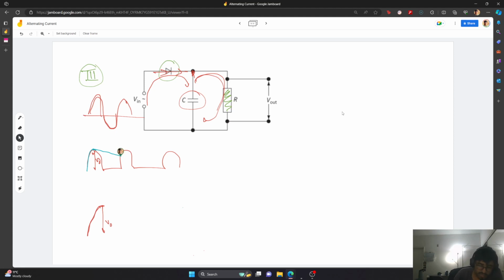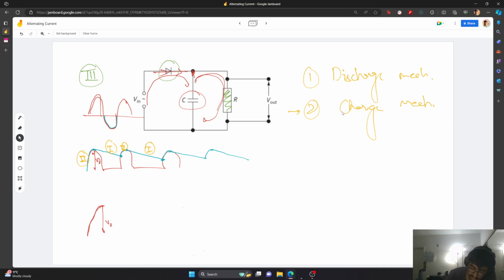It discharges until this whole negative cycle has passed and the diode is cut off, and at that point it charges up again. Then it discharges slowly, charges up again, discharges slowly. So there are two mechanisms at work: the discharge mechanism and the charging-up mechanism.